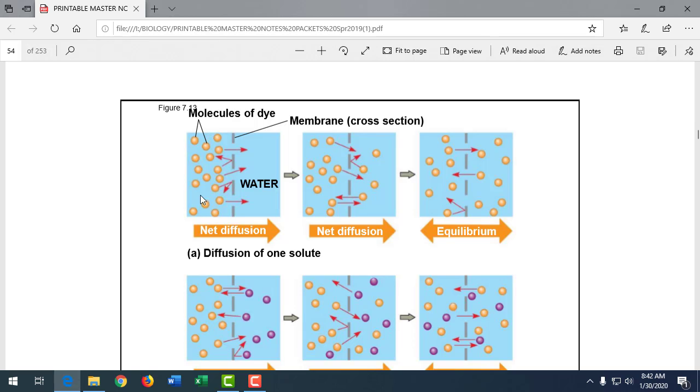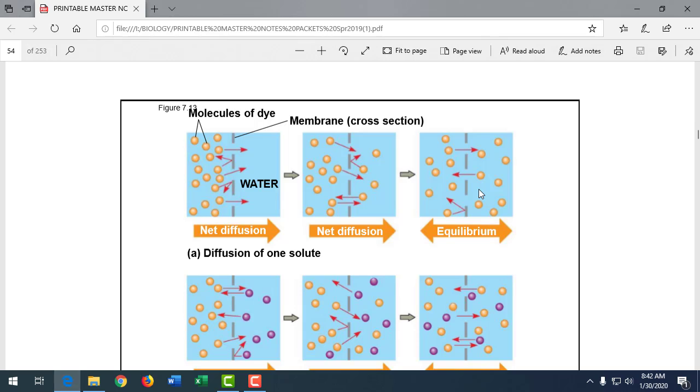The gradient is higher on this side than this side. So we see this back and forth until it's equal. You can see there's more arrows going to the right than to the left, right? So there we see a net diffusion to the right. And then when it's in equilibrium, a little back and forth, but it's pretty much balanced. So this is called dynamic equilibrium. It just means things are still moving, but it's equal.